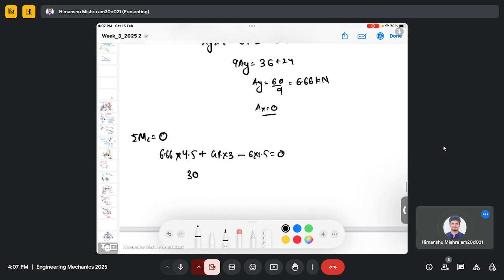It is approximately 30 minus 9. So the force in GF will be around 7 kilonewton.